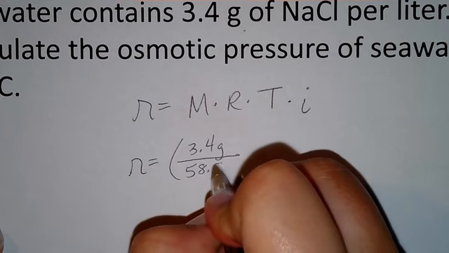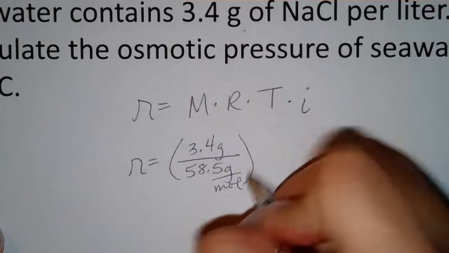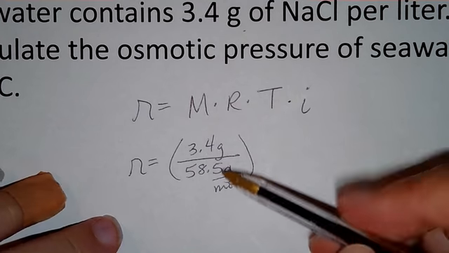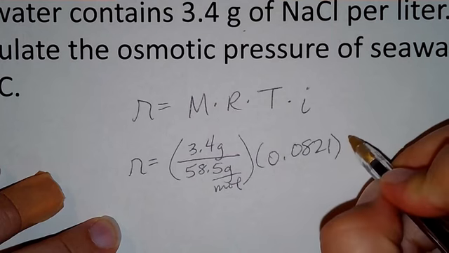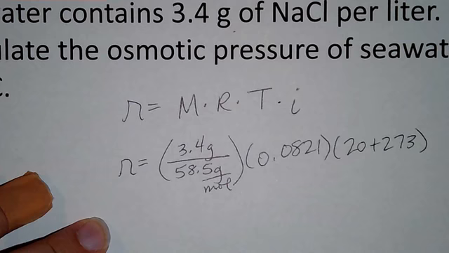Alright, and since that's per liter, this will give us moles in 1 liter, times our R value, times our temperature, converted to Kelvin. And then last, we have times our I value of 2.